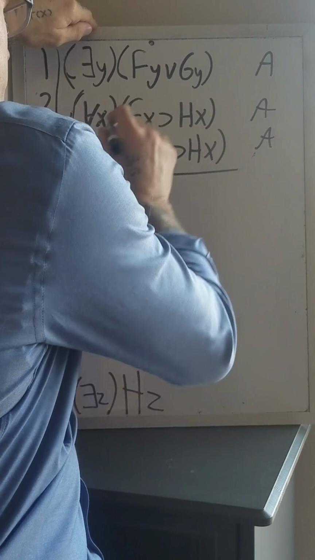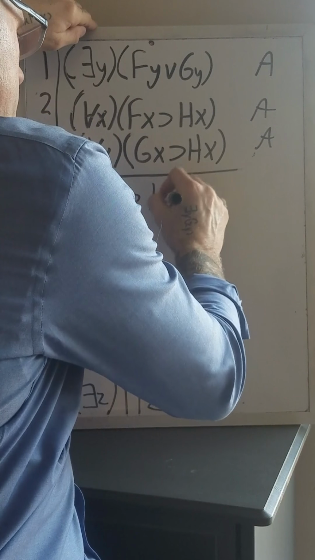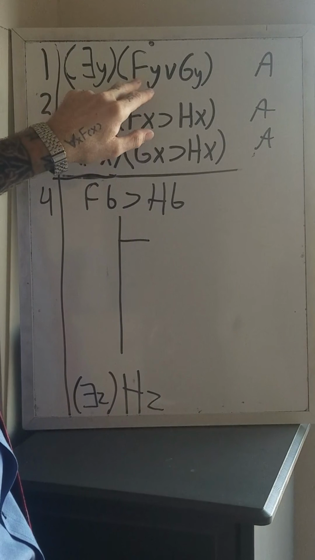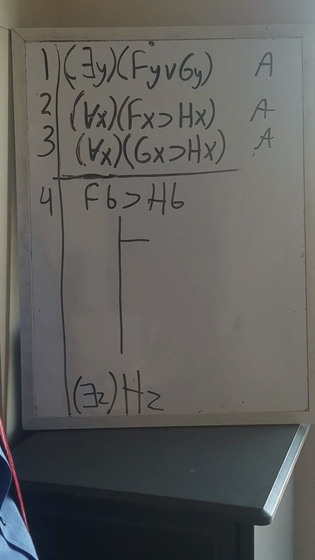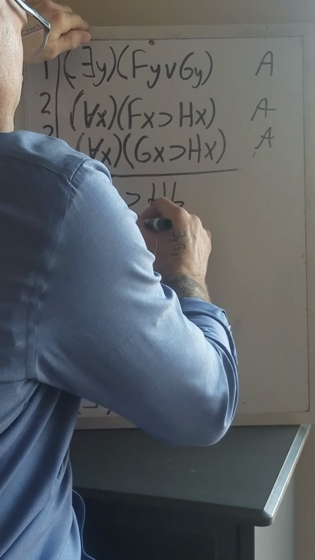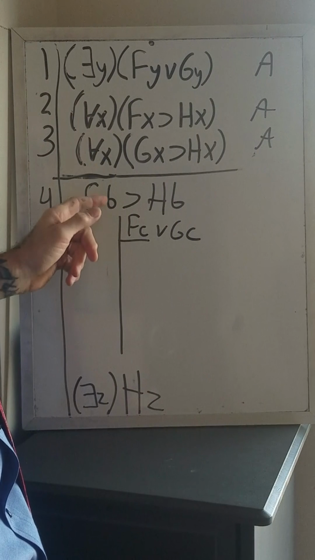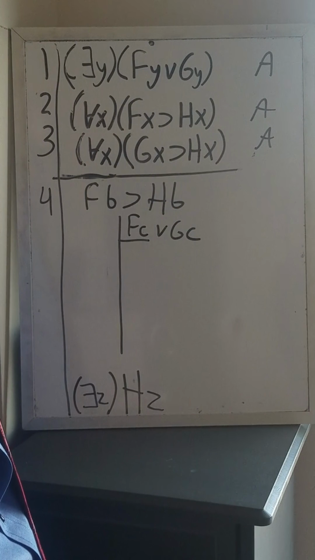So, for example, if we did this first, say we got FB, therefore HB, and then we started our existential elimination, we have to use a new letter, right? So let's say we used C. Now we can't use these two things together, because these are all different formulas.